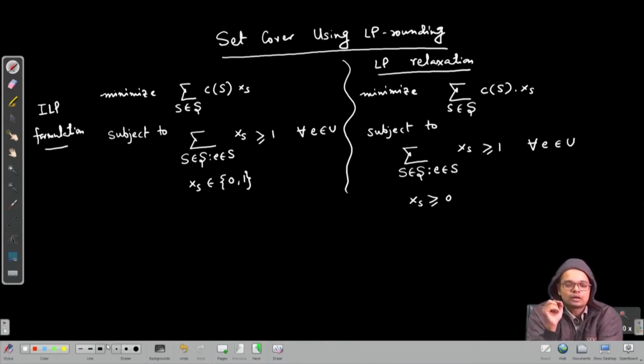So because our problem has a constraint that each set can be picked at most once, that constraint needs to be kept explicitly there, because for set multi-cover it may be beneficial to pick a set more than once, because of the coverage requirements. Here it does not make sense to pick any set more than once.